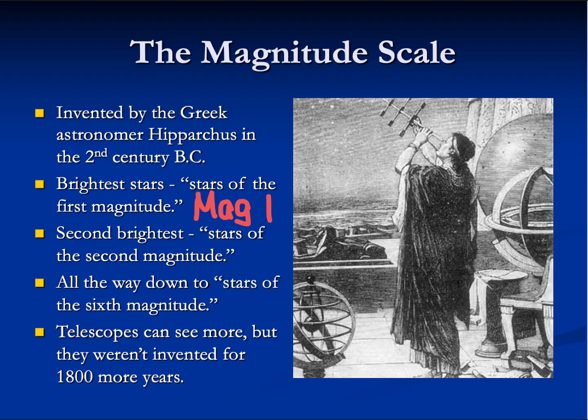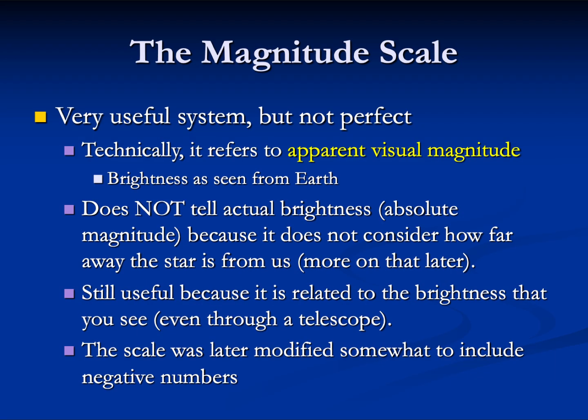A dorky way to help you remember that is the bigger the magnitude number, the bigger the telescope you'll need to see it. Stars with a higher magnitude than about 6 cannot be seen without a telescope. This scale is called apparent magnitude, and it's how bright stars appear from Earth.